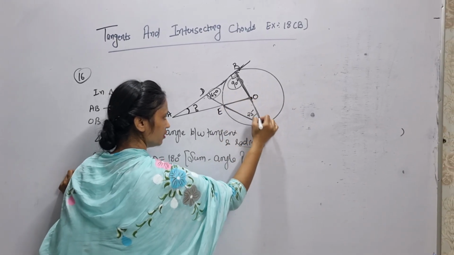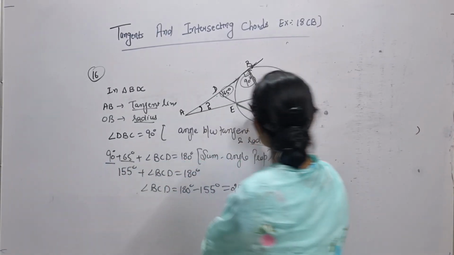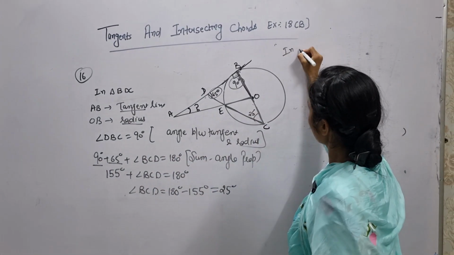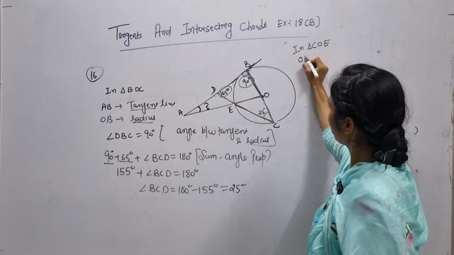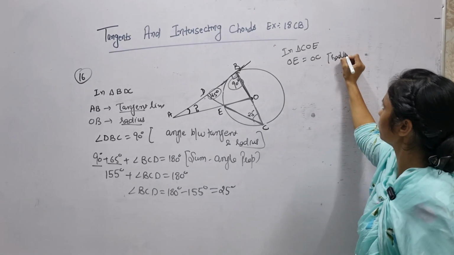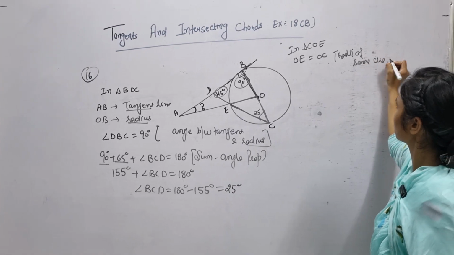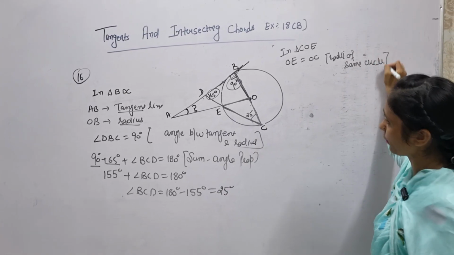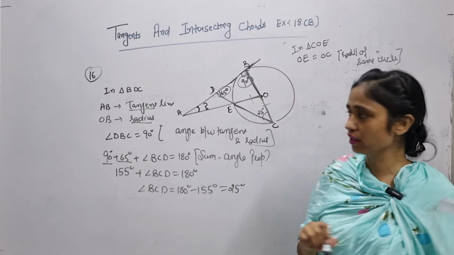Now take this triangle COE. In triangle COE, what would happen? OE is equal to OC, radii of the same circle. These two are the same, radii of the same circle.